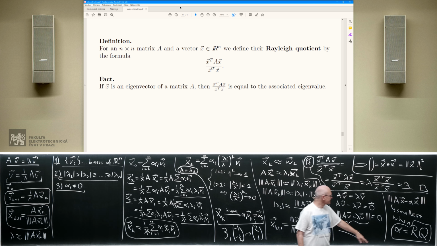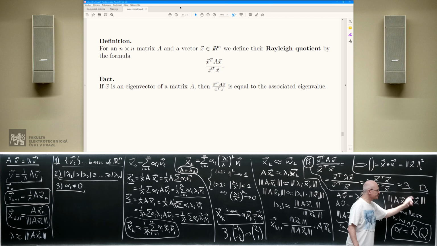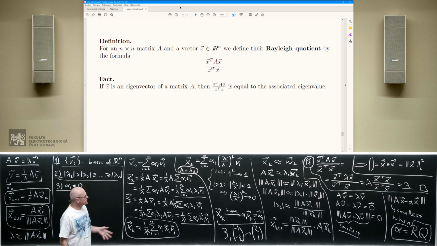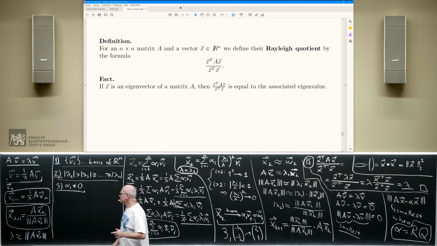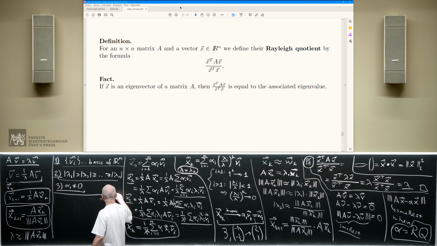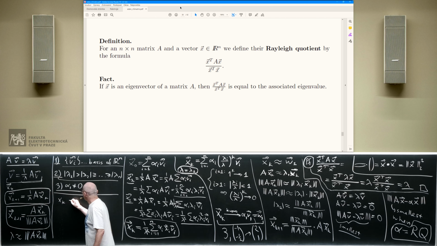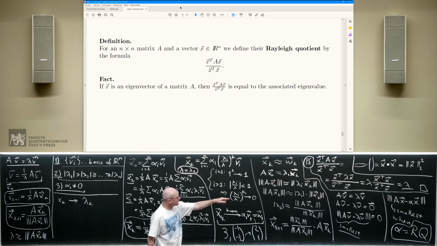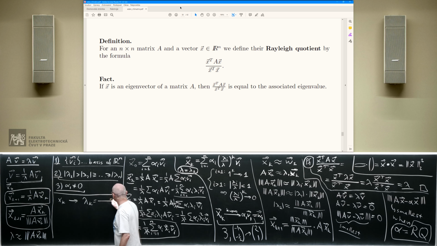I'm not going to prove that the Rayleigh quotient actually minimizes this expression. That's a lot of work, a difficult proof. But it tells us what to do. Let's have a look at our next generation iteration. It goes like that. We have a vector xk. With the vector xk, we can find an estimate lambda k for the eigenvalue, and we find it using the Rayleigh quotient. So there's this formula, xk transpose A xk over xk transpose xk, the Rayleigh quotient.